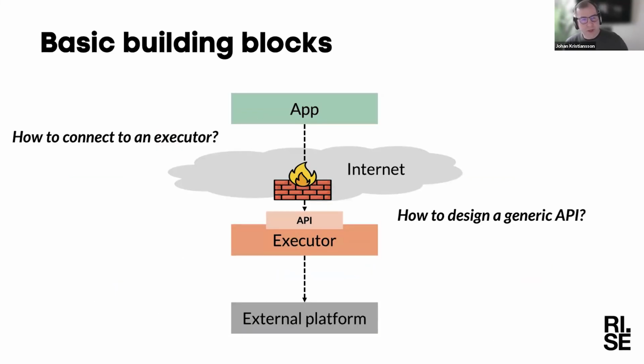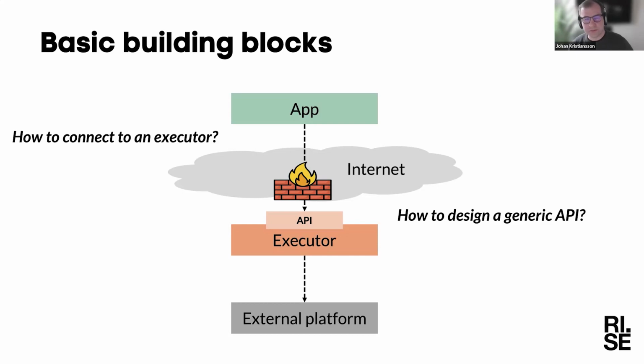So I mentioned this basic building block. The problem that has to be solved is how do you connect an executor to an application? There are firewalls on the internet, so how do you connect through the firewalls? Second, how do you design this API? How should it look?